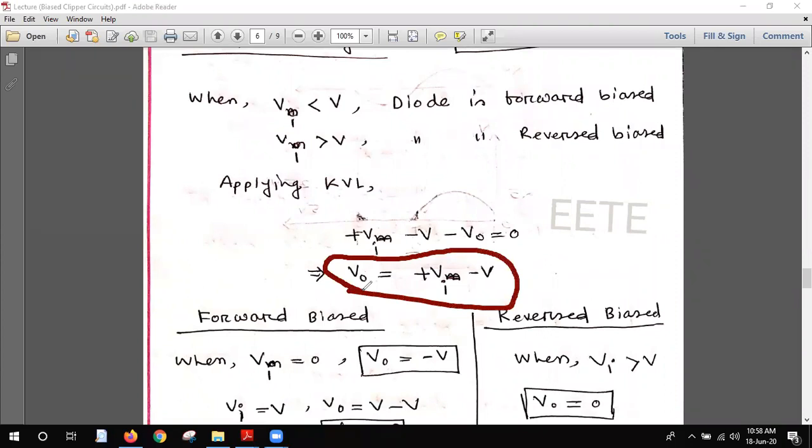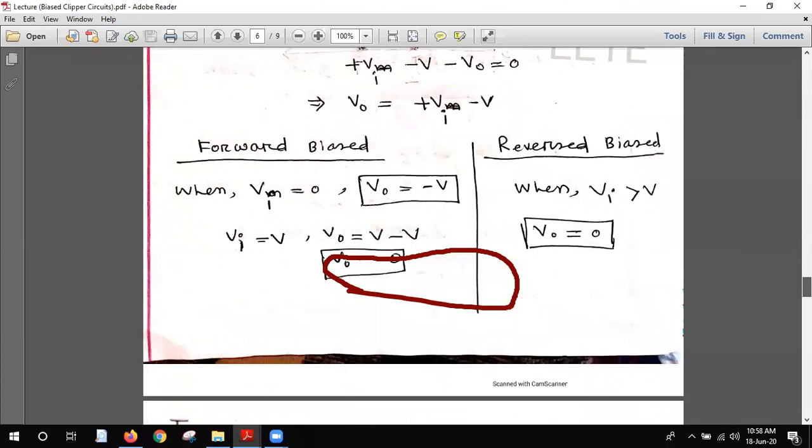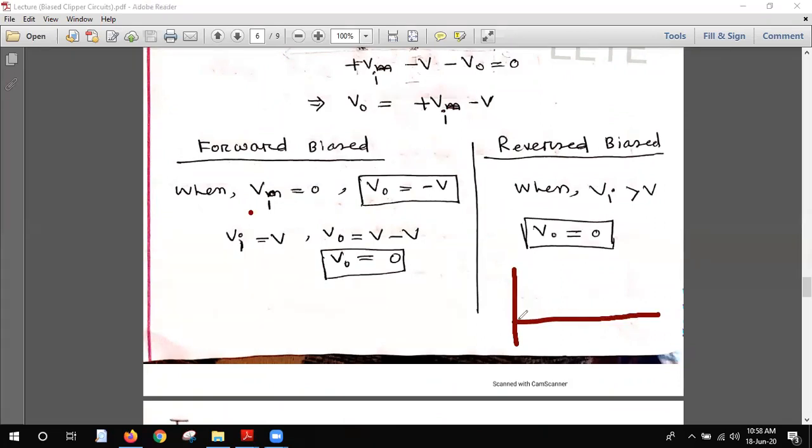So for forward bias, we all know what will be the forward bias. Check my drawing here. So this is for the positive cycle, okay, and this is V, my students.